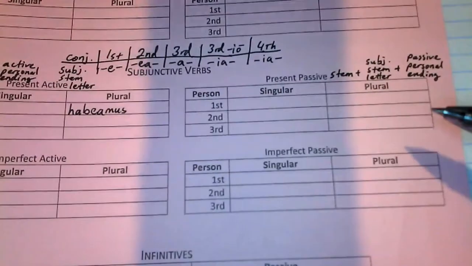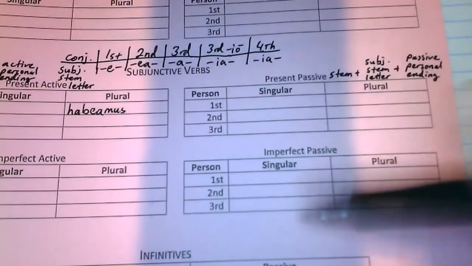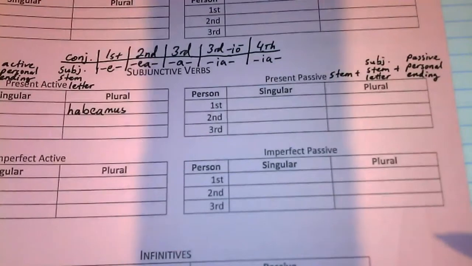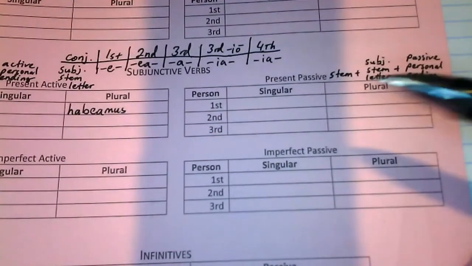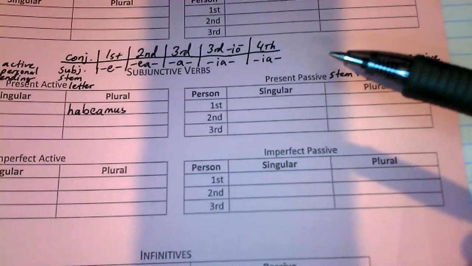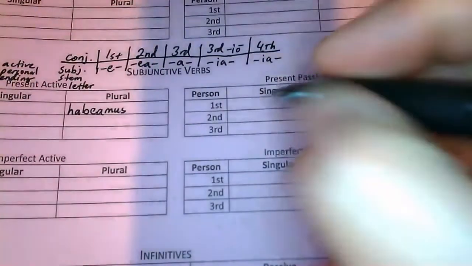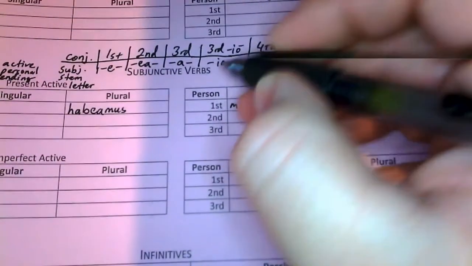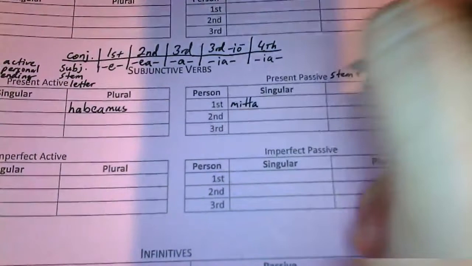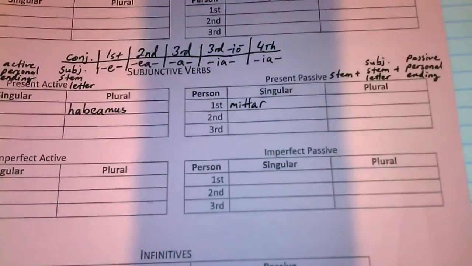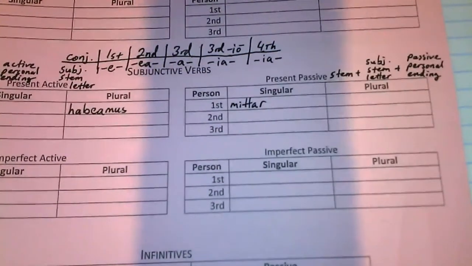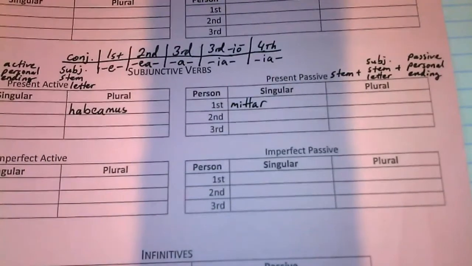You should already have this filled in, but let's pick something that's third conjugation. Let's try mitto, to send. You have mitt, plus you have a, plus you have the passive, r. So this is I may be sent or I should be sent, depending on context.